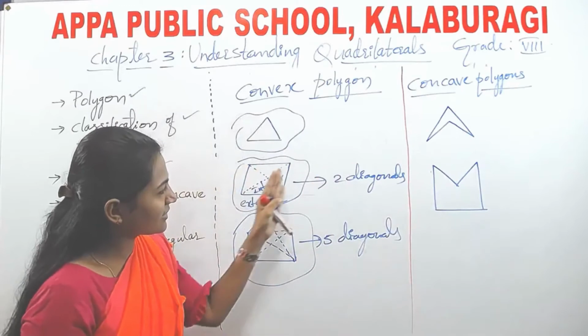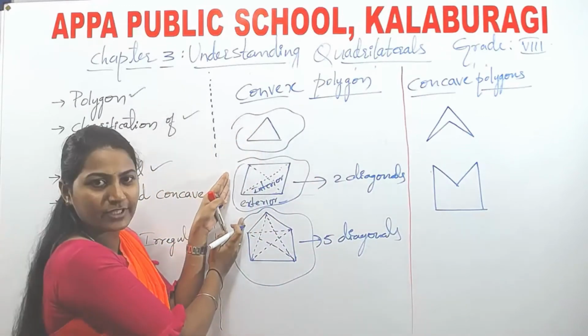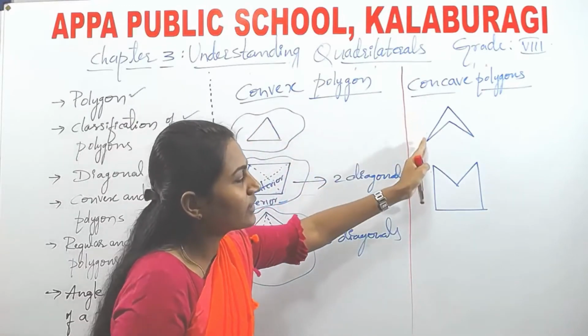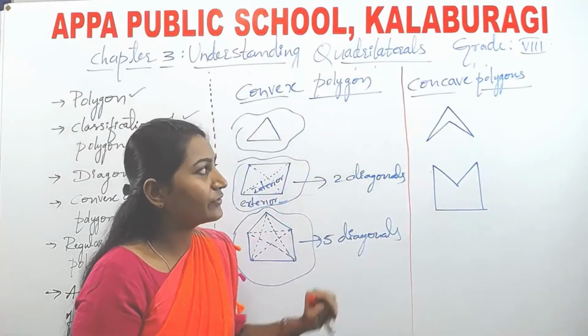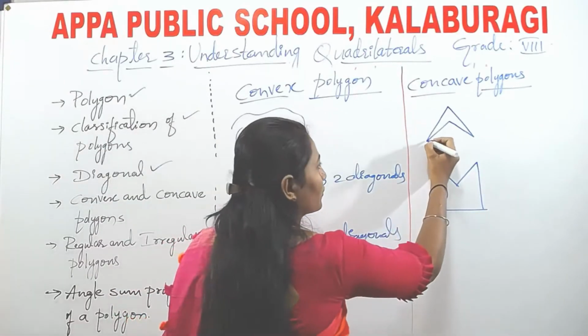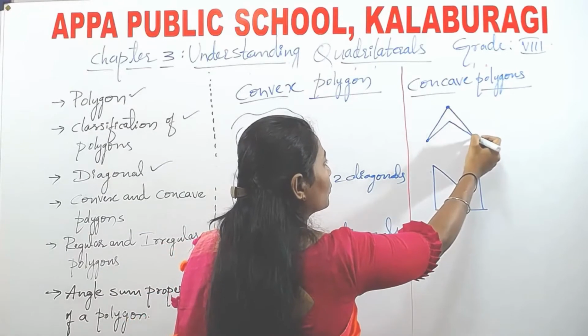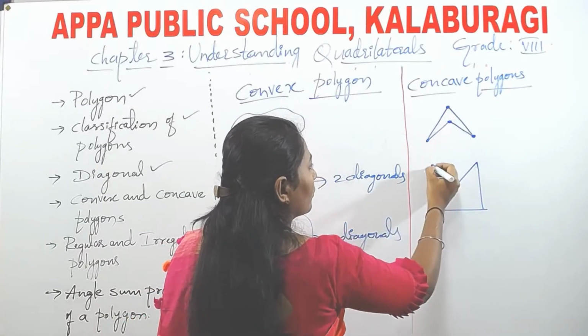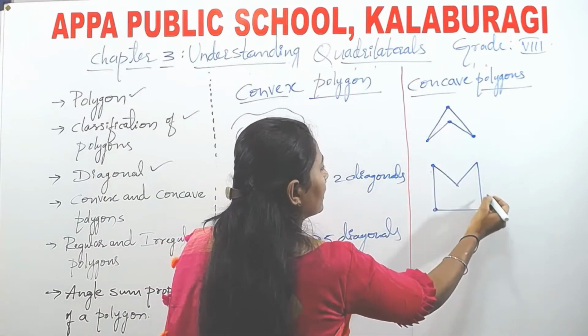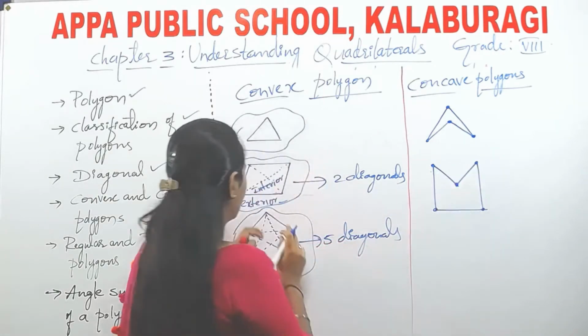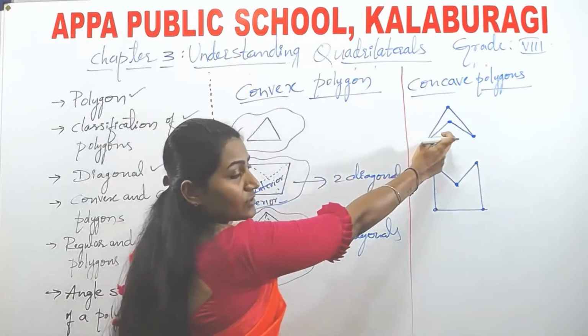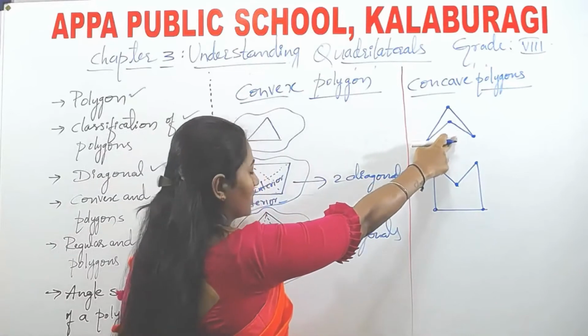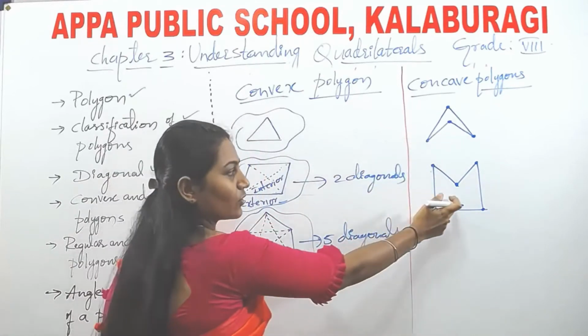You can find the difference here between convex and concave polygons. What is the difference? Let us first count the number of vertices: 1, 2, 3, and 4. 1, 2, 3, 4, and 5. This was a quadrilateral. Yes, this is also a quadrilateral with 4 sides. This was a pentagon. This is also a pentagon.